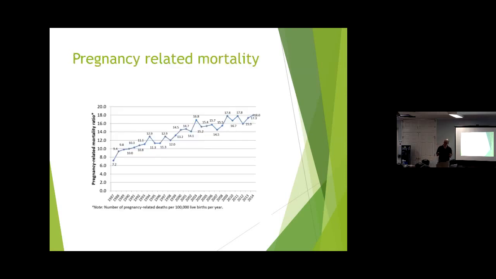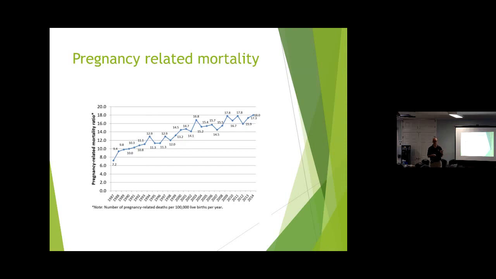Now, why is this important? This is the rates of maternal mortality in the U.S. per 100,000 live births every year. We're going in the wrong direction. We're having more maternal deaths after birth than we had 20 years ago, 30 years ago.